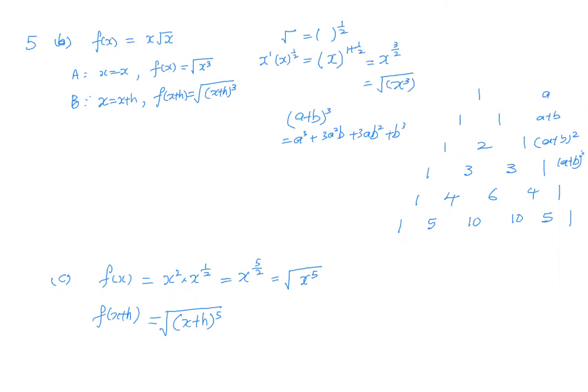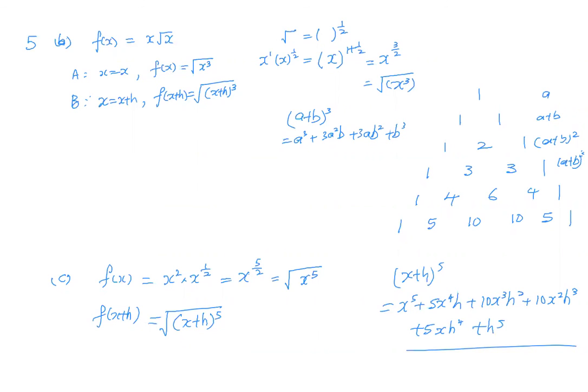When you expand that, you have x to the power of 5 plus 5x to the power of 4 h plus 10x cubed h squared. One, the power increases, the other one, the power decreases. Plus 10x squared h cubed plus 5x h to the power of 4 plus h to the power of 5. So this is called binomial expansion. Are you okay?